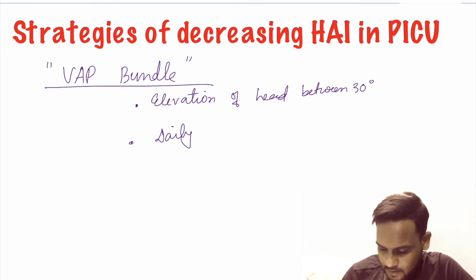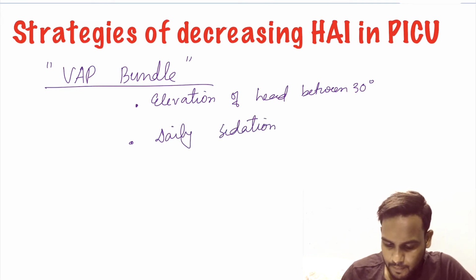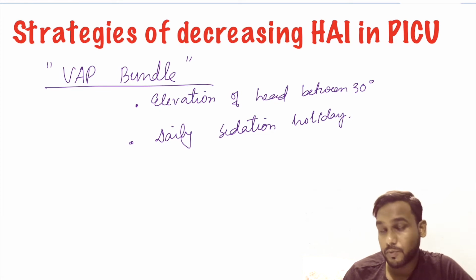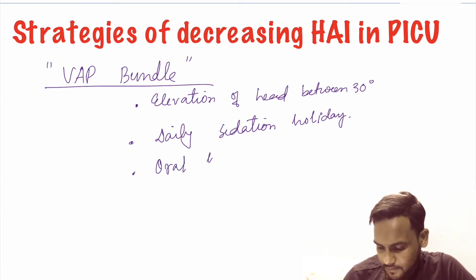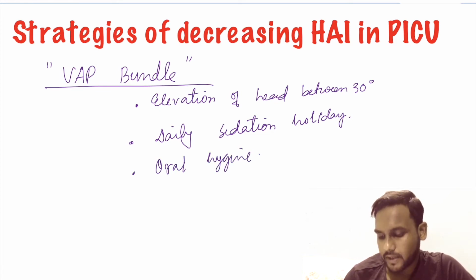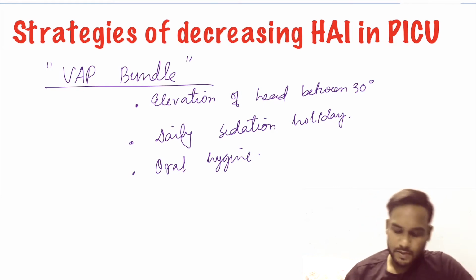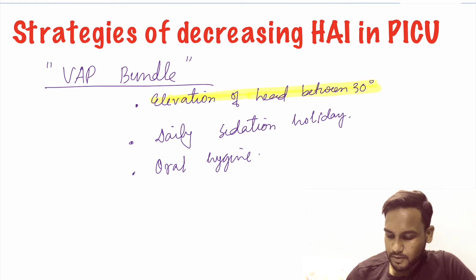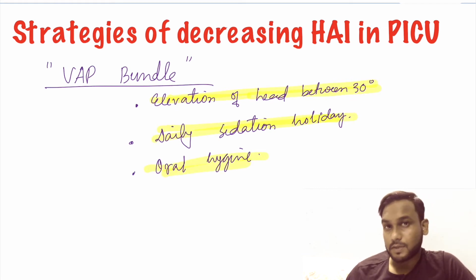Daily sedation holiday. We should always check the condition of the child and whether we can extubate. Oral hygiene: we should maintain good oral hygiene. These 3 things are very important.